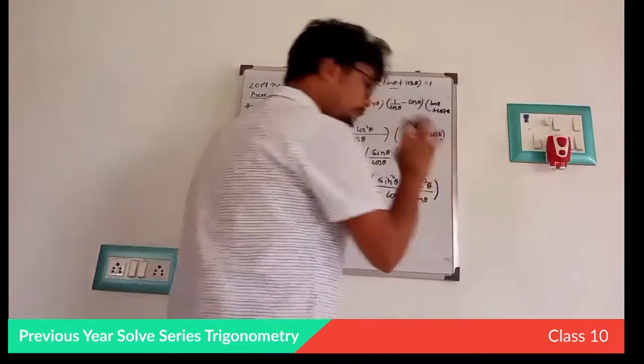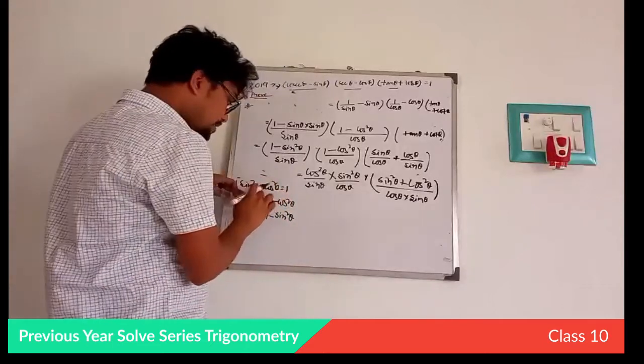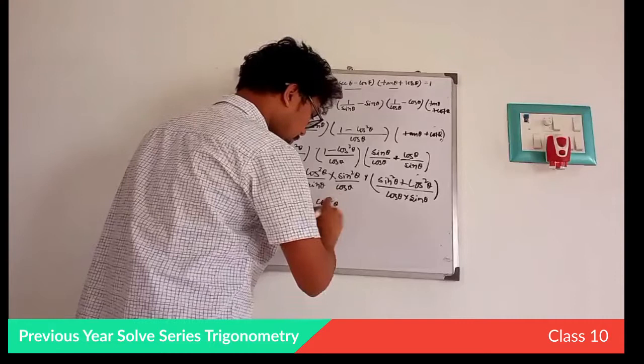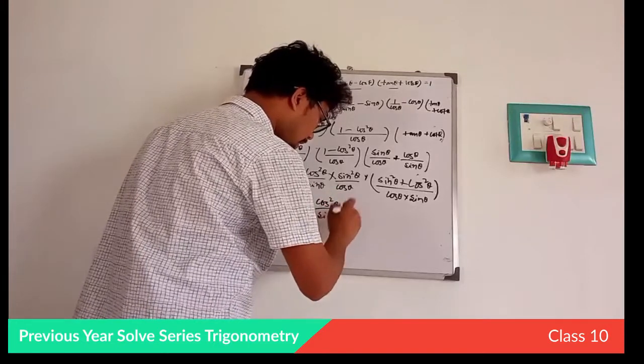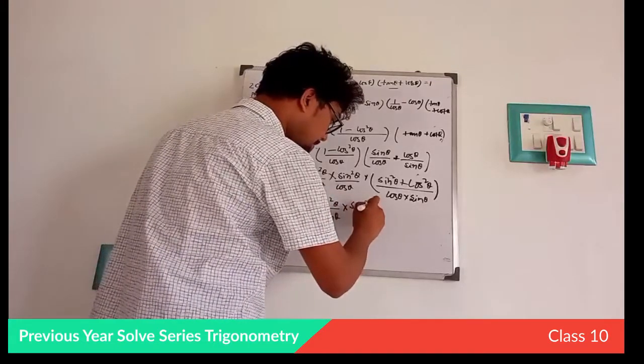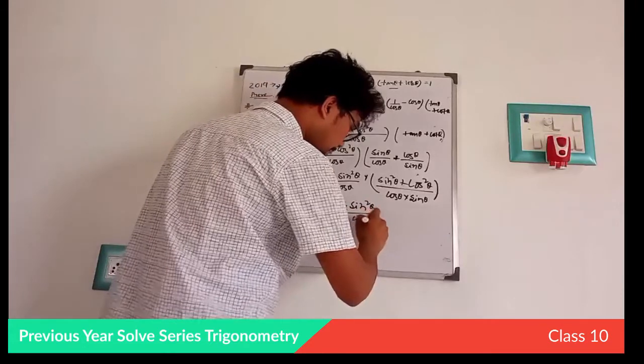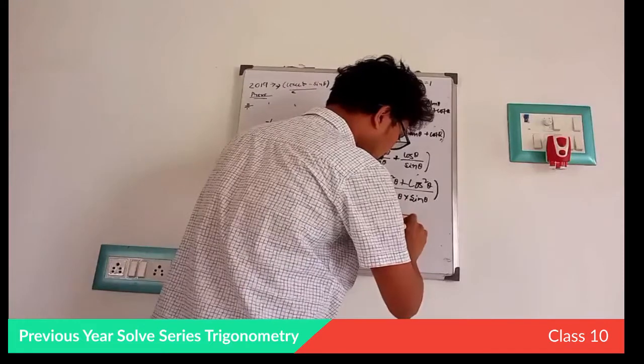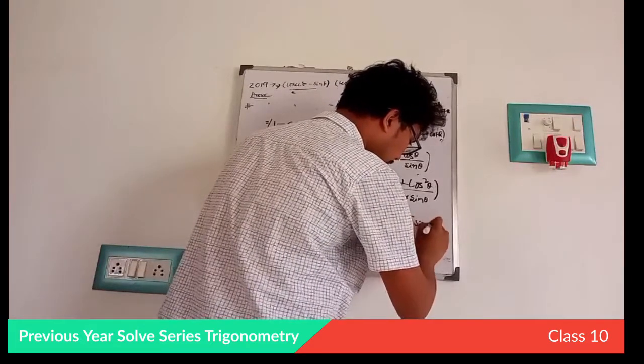Fine. Now sin square theta plus cos square theta equals 1. So we have cos square theta by sin theta into sin square theta by cos theta, into sin square theta plus cos square theta equal to 1, divided by cos theta into sin theta. Fine.